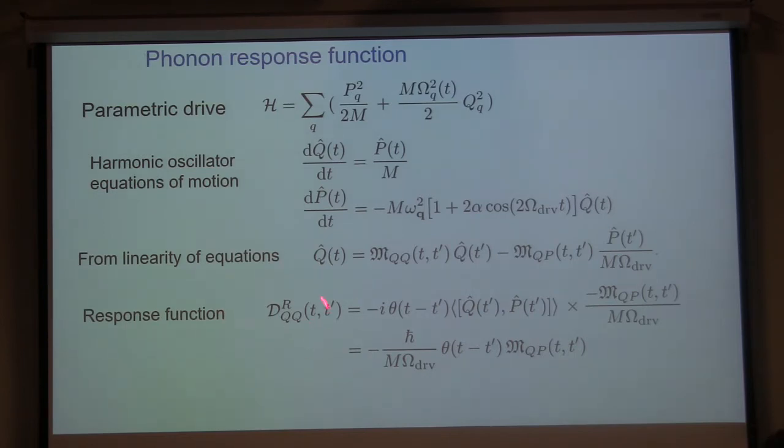Therefore, the correlation function that we are looking for is nothing but this kernel of propagation from the momentum at an earlier time to the coordinate at a later time. This kernel does not depend on the initial state. It depends on the Hamiltonian itself, the fact that we have a non-equilibrium Hamiltonian, but the number of phonons does not matter. Therefore, we're perfectly consistent with the objection that we gave before.